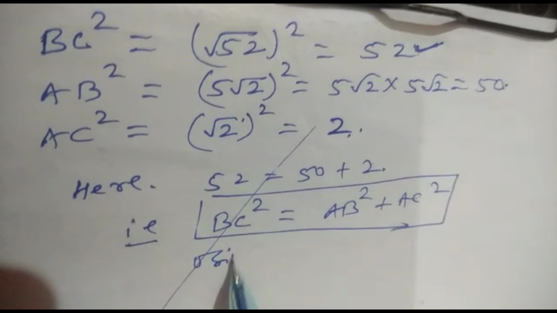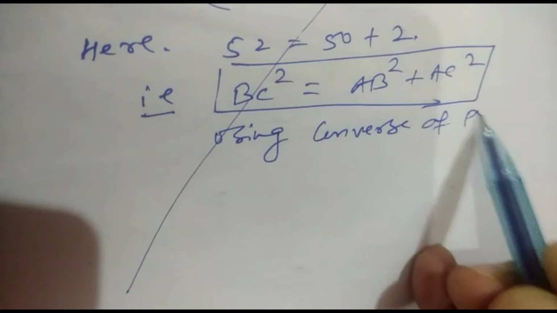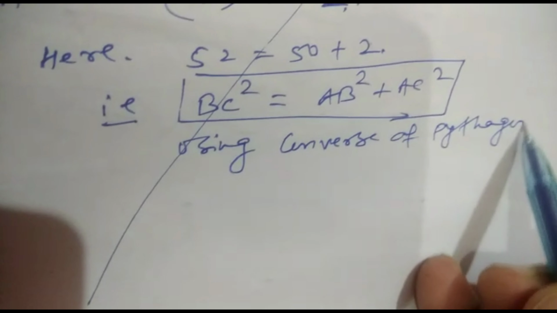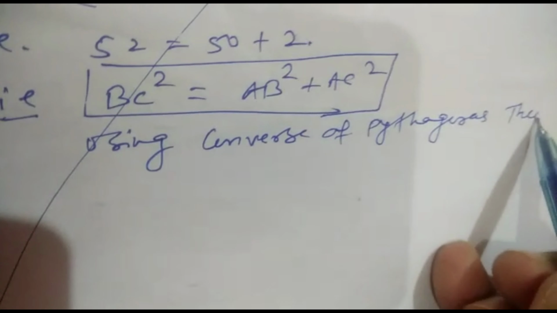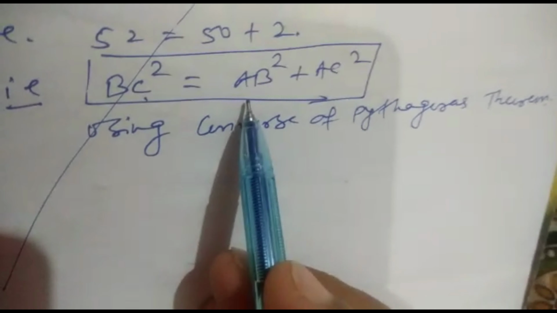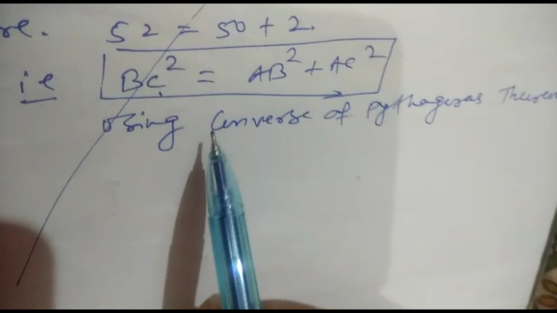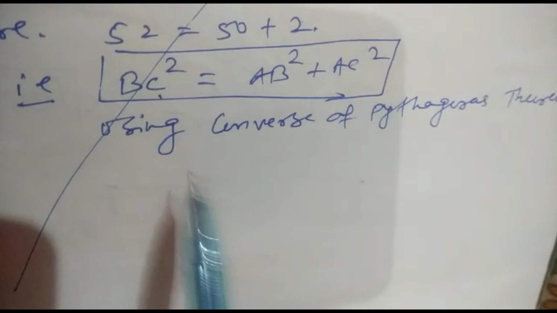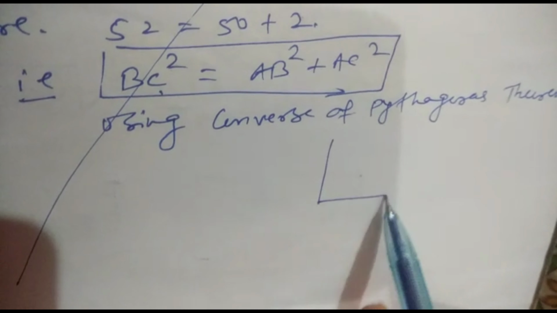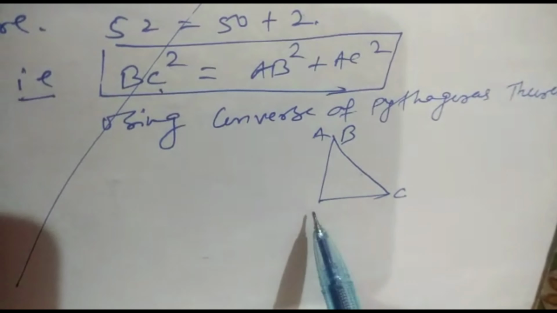So using the converse of Pythagoras theorem, which tells us that if the square of the longest side is equal to the sum of the squares of the other two sides, then the angle opposite to the longest side is 90 degrees. So it means here BC is the longest side, so this will be the hypotenuse.